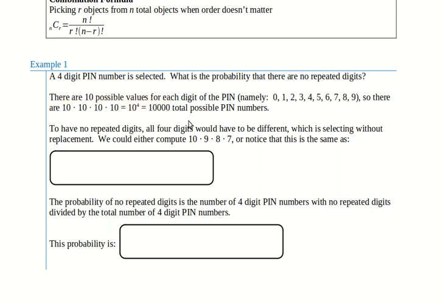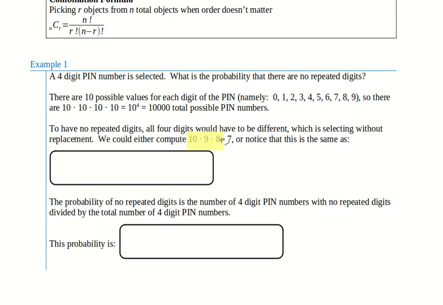Now, we want to count the number of PINs that have no repeated digits. So we now need to ask a different question. And that is that whatever you choose for the first digit, you can't reuse for the second. So instead of 10 times 10 times 10 times 10, we're going to say 10 choices for the first, but you can't reuse that first digit for the second, so there's only 9 choices for the second digit.